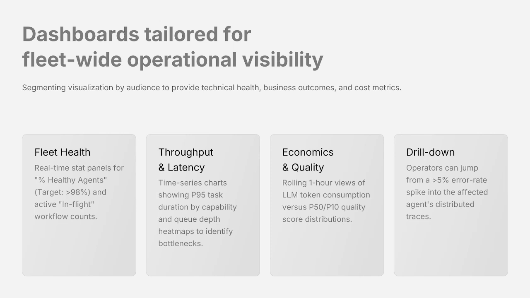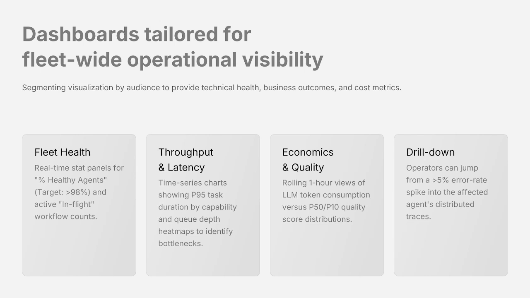So fleet health is very, very important. Real-time stat panels for healthy agents. Your target should be greater than 98%, and active in-flight workflow counts. So throughput and latency: time series charts showing P95 task duration by capability and queue depth heatmap to identify bottlenecks.